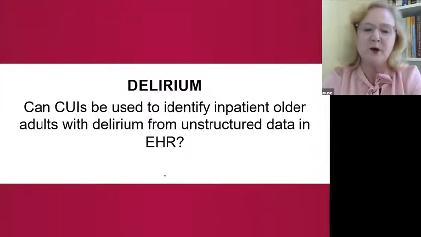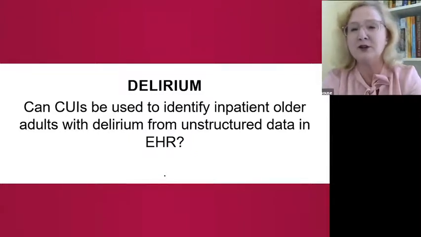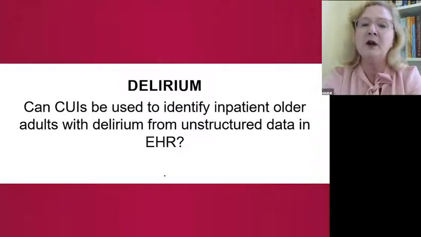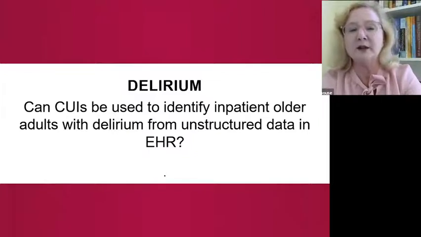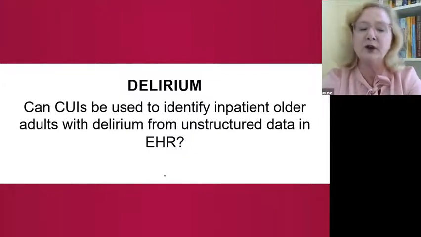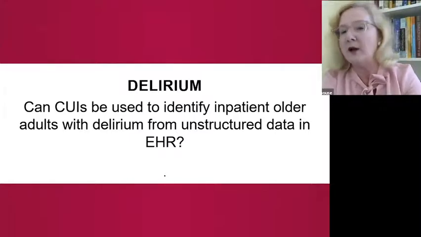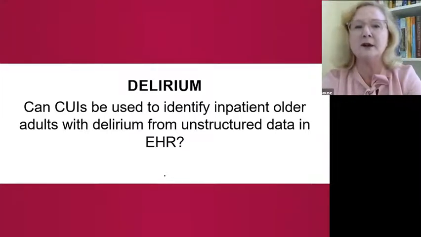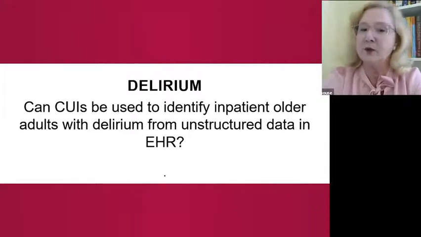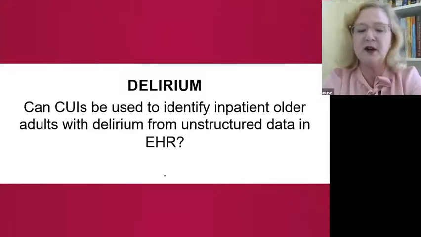What we did was come up with a question: can CUIs be used to identify inpatient older adults with delirium from the unstructured data in the electronic health record? So we ran a query on all adults who were 65 years and older and were inpatients for at least 2 days, from the beginning of our CRDB, January 2007, through the end of 2018.